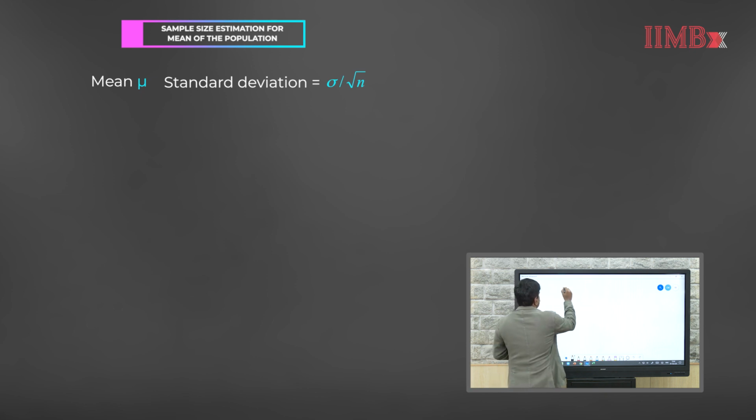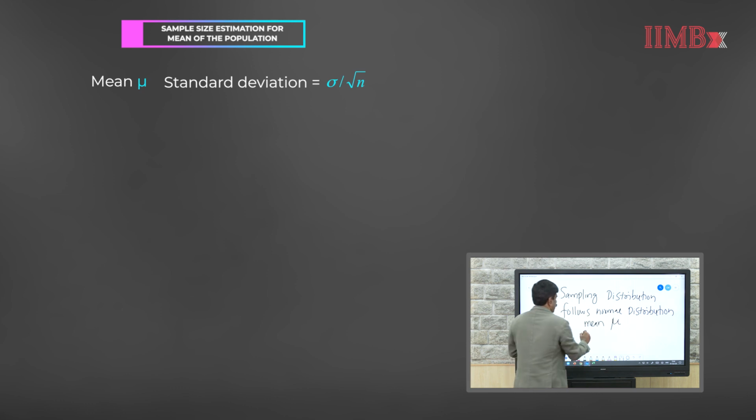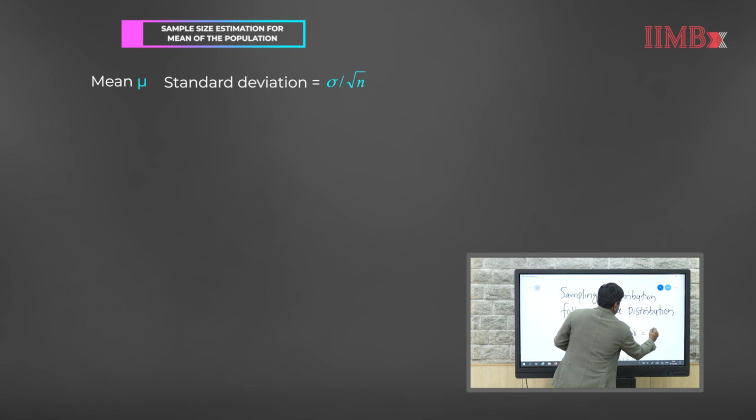So, what we know is the sampling distribution follows a normal distribution, where the mean is mu, same as the population mean, and the standard deviation, or standard error, is sigma divided by under root n.